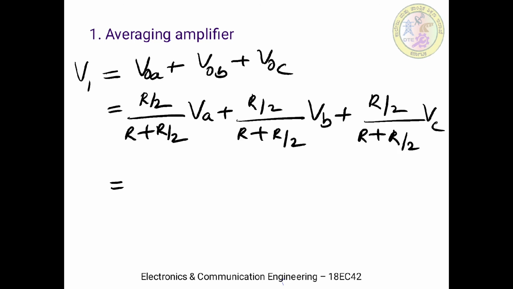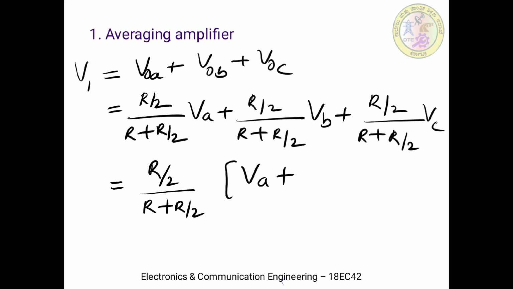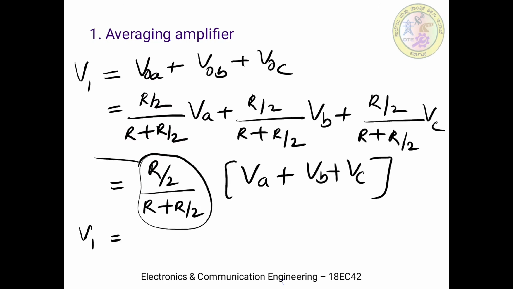So this will be equal to R/2 as a common factor, times (VA plus VB plus VC). At V1, if you simplify, this entire value will be equal to 1 by 3.